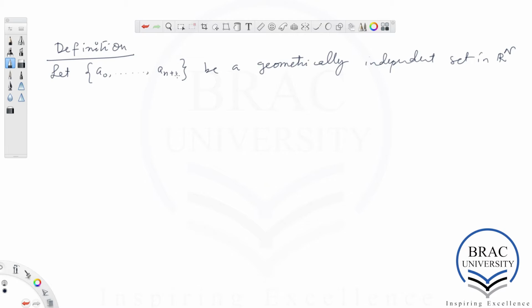We define the n simplex. We denote the simplices with small sigma always.